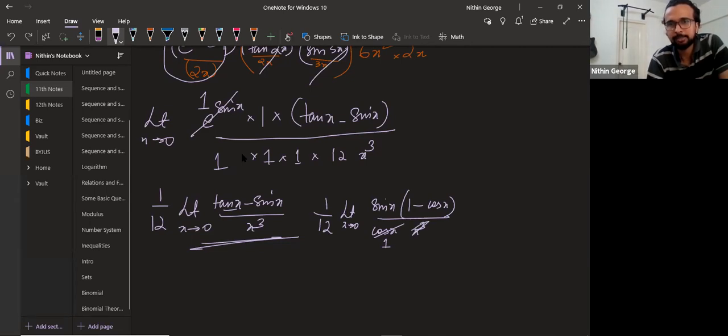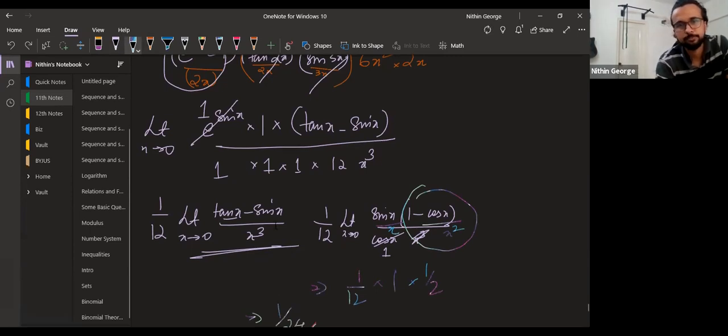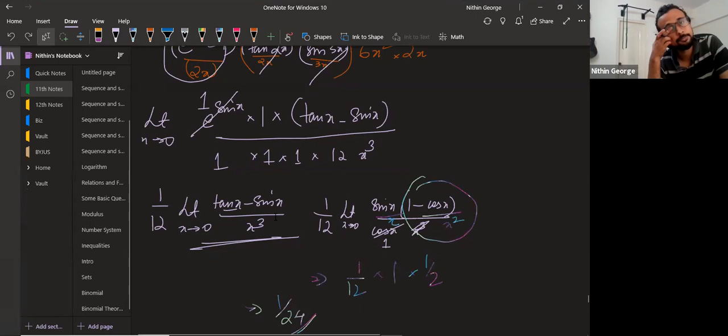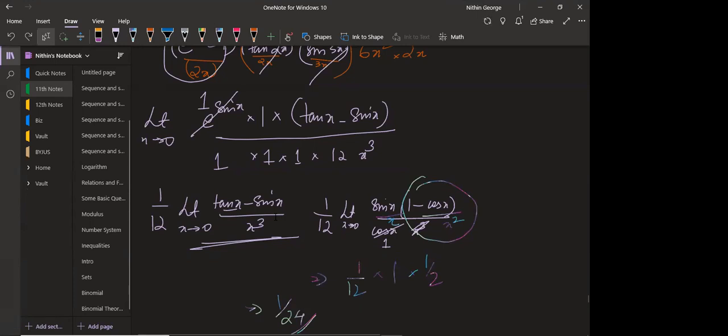So x cube I write as x into x square here. So sin x divided by x and 1 minus cos x divided by x square. What is 1 minus cos x divided by x square, limit x tends to 0? That's 1 by 2. Sin x by x is 1. And then you have 1 by 12, which is already there. So this comes out to nothing but 1 by 24. Got this? Yes, sir. I got it.